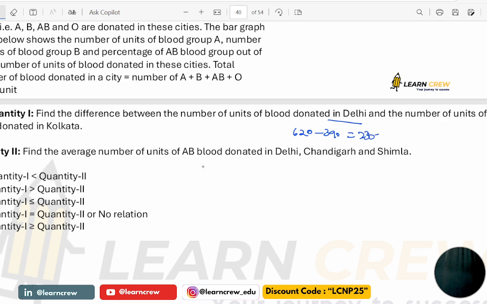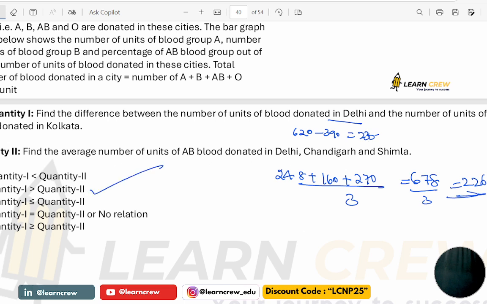The average number of AB bloods in Delhi, Chandigarh and Shimla is (248 + 160 + 270) divided by 3, which is 678 by 3, which is 226. The first one is 230, so quantity 1 is more than quantity 2. So the answer is option 2.